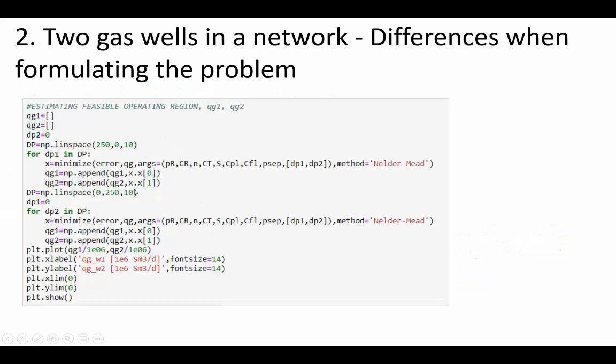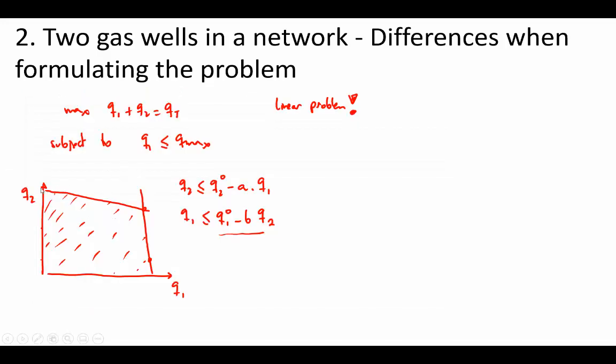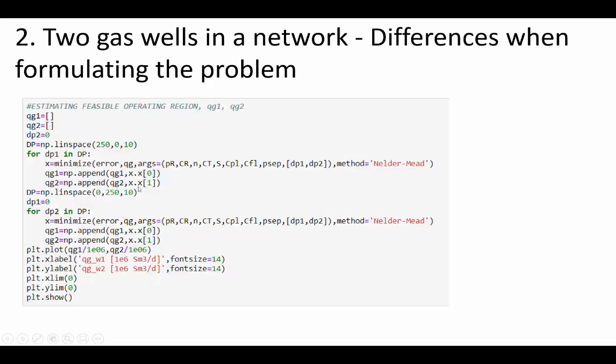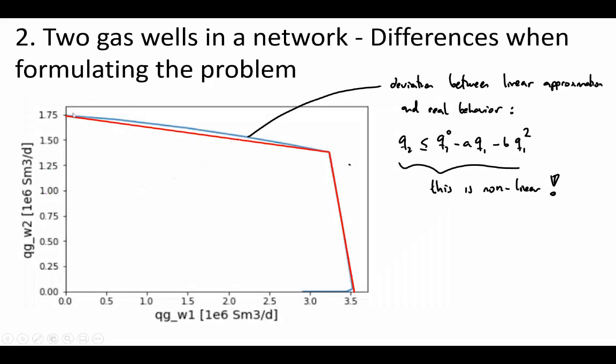In this particular case I could do this because this is a system with two wells, so I need only 3 evaluations. I see that it's not linear, it's deviating from linear, but if I could do that, my solution time will be significantly improved.